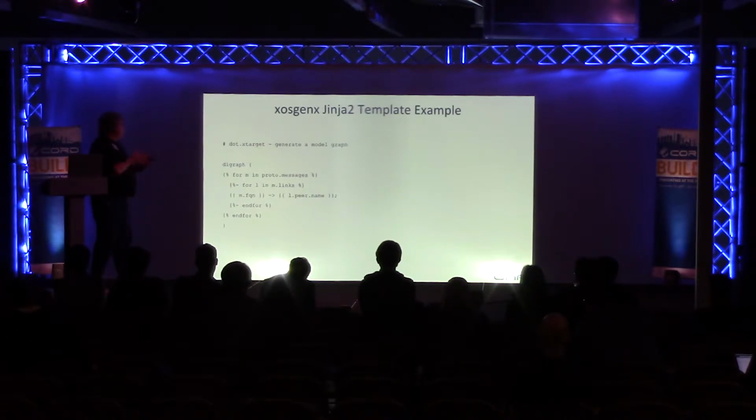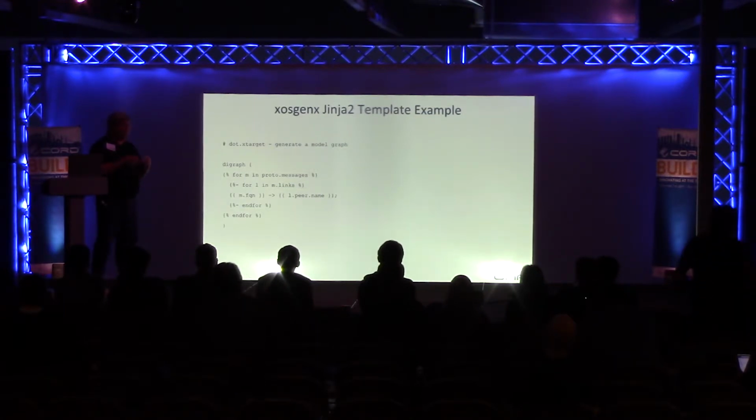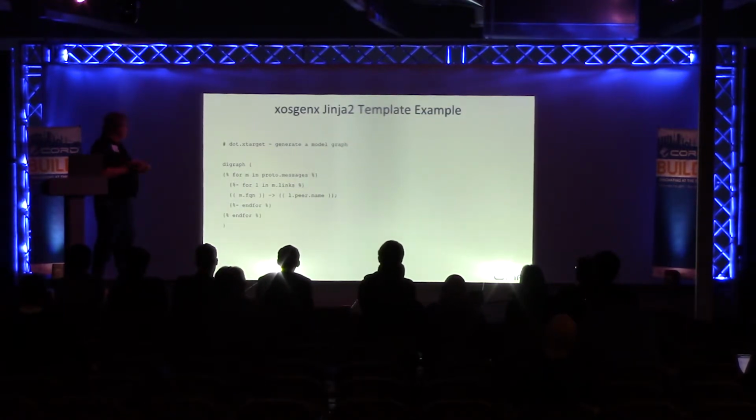So just looking at one of these X target files, this one is dot.xtarget, and it makes model graphs for the dot tool. I'm not going to go into detail on all of the syntax, but you can kind of see that it has some constructs in here for a for loop that's looping over the various models that are in the data model, and then another for loop that's looping over the links in those data models, and then something that's printing out pairs of model name and peer name.